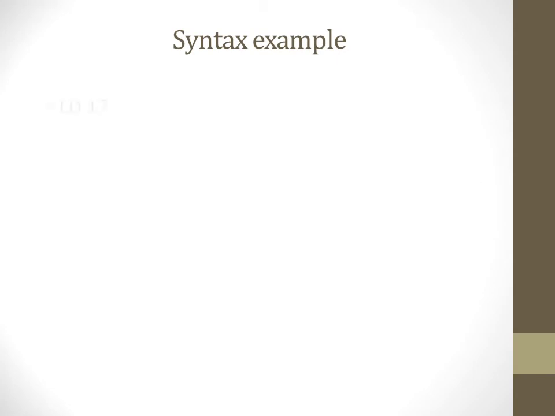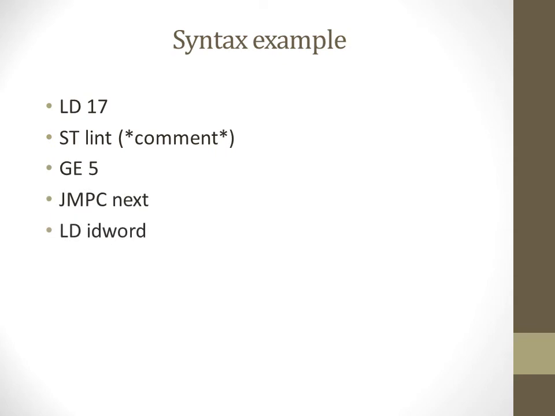So, a syntax example. This is a fragment of some program, and as we see, this is an example of the instruction list language. It's very simple and very close to typical assembler language.